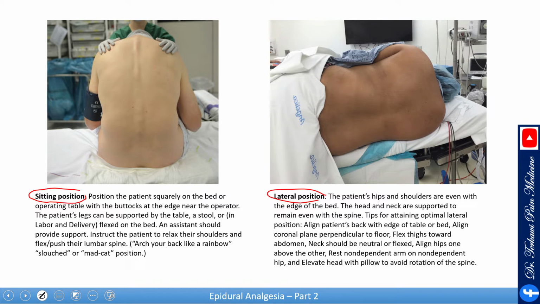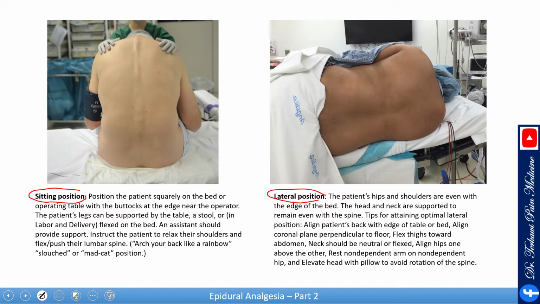Regardless of what position you use, most of the anesthesiologists use a sitting position. My advice for you, and what I do, is I spend a lot of time explaining to the patient the position I need. Even I sit in front of them. I show them how to sit. I show them the mad cat position and explain to them the procedure in detail and even tell them why I would like them to be in this position.